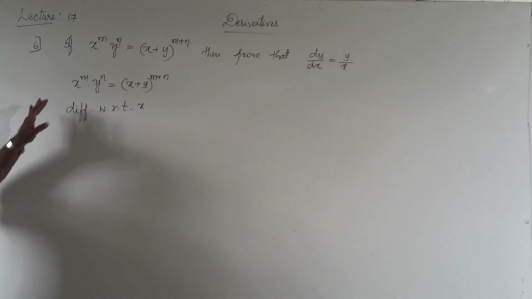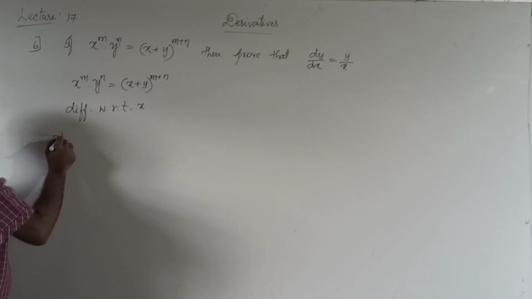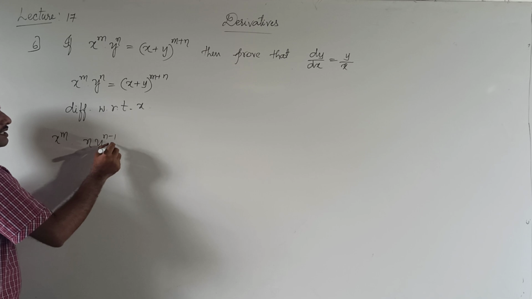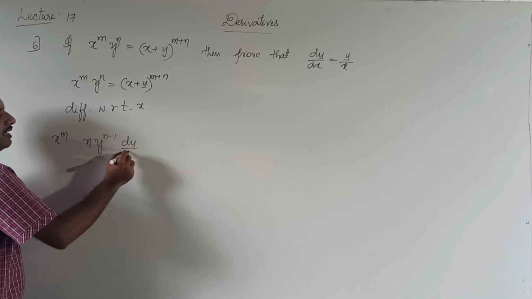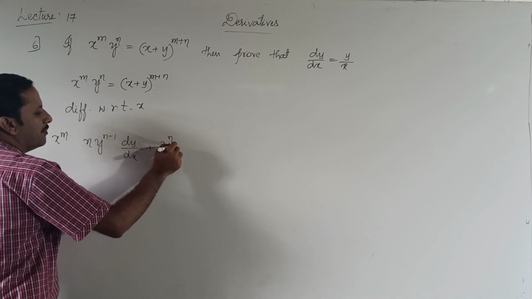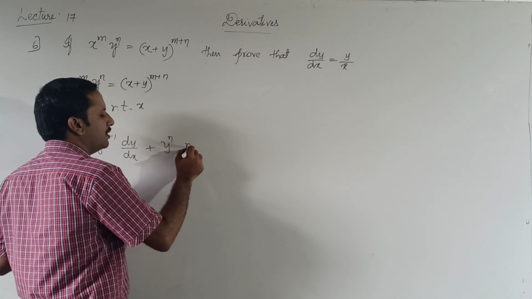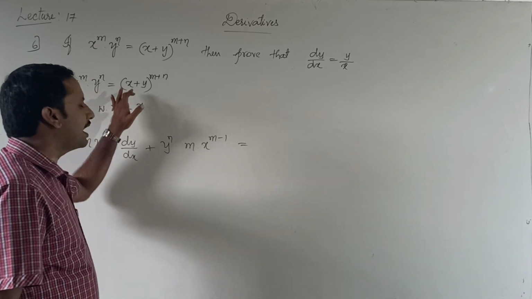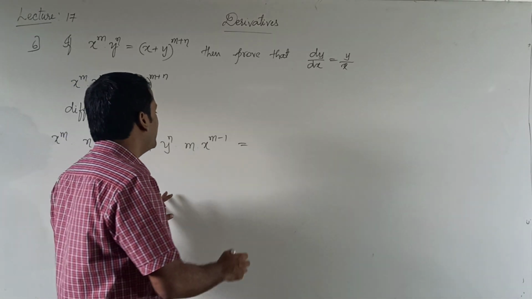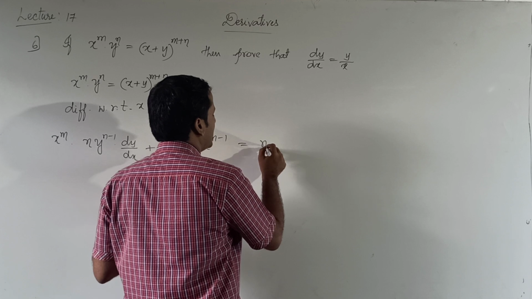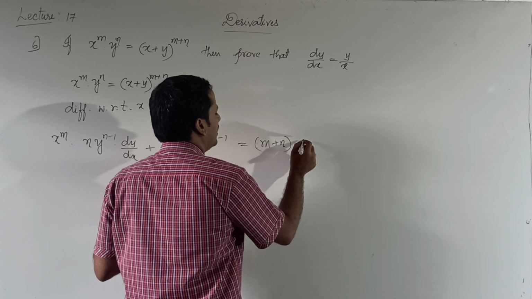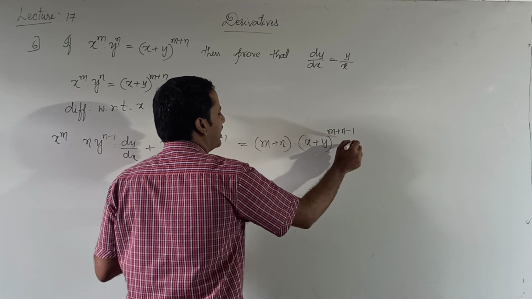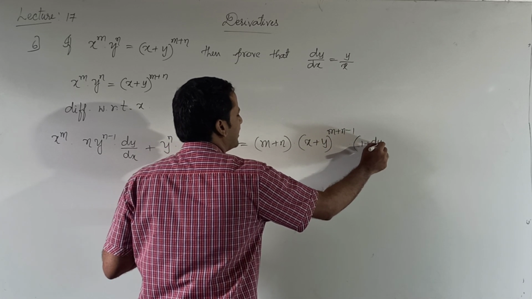Differentiating with respect to x, I am using product rule here. x power m into derivative of y power n, that is n into y power n minus 1 into dy by dx, plus y power n into derivative of x power m, which is m into x power m minus 1. That's equal to, on RHS, the derivative of x plus y whole power m plus n, which is m plus n into x plus y whole power m plus n minus 1 into 1 plus dy by dx.